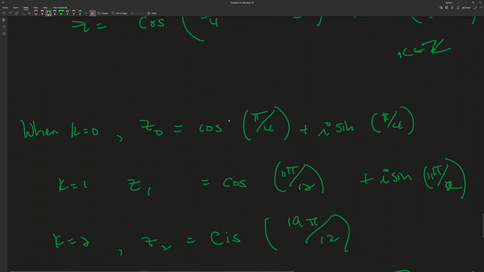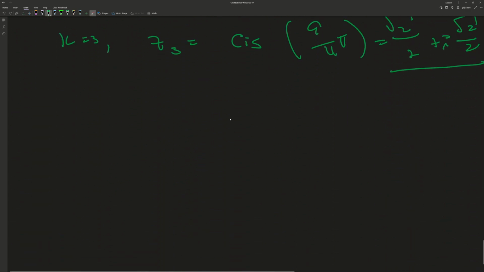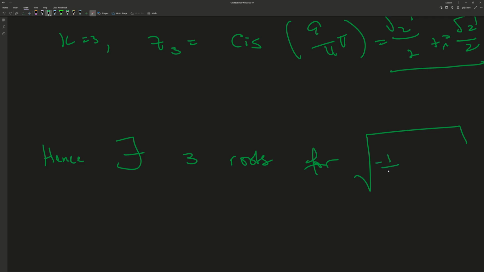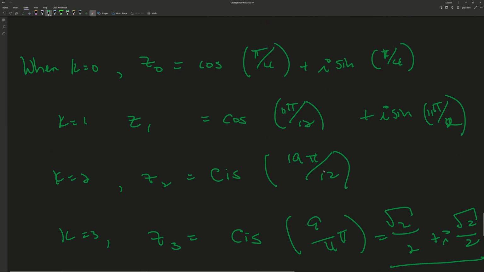We could say, hence, there exist 3 roots for negative 1 upon root 2 plus i 1 upon root 2, cube root of it. Right? So this is how we would go about doing this.